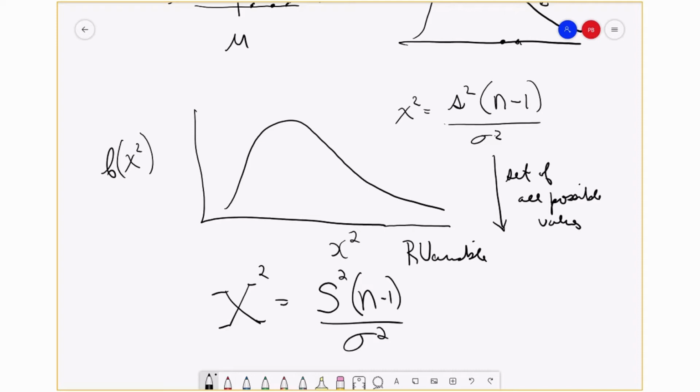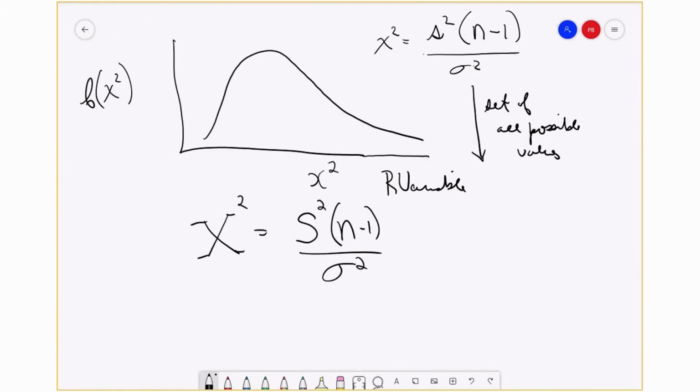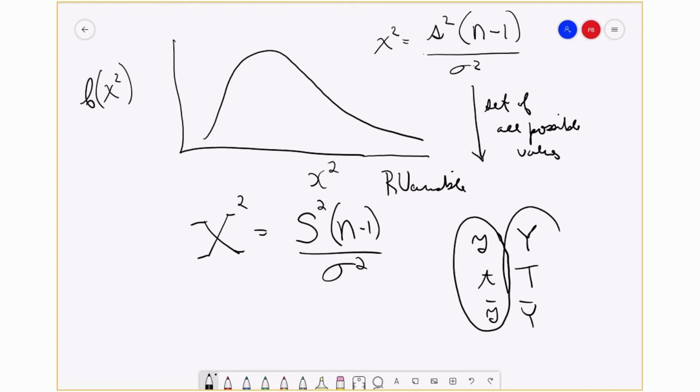And again, throughout this course, we've made a big deal about the difference between, let's say, little y and big Y, little t, big T, little y bar, big Y bar. Whereas these would be the individual values we get when we actually did the experiment once, this would represent the random variables, the set of all possible values of these guys. And the same thing is going to happen here.